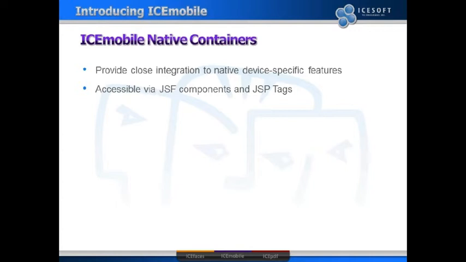So there's integration between your JSF and JSP components and tags and the native container. It's like we've provided a hyper browser, a browser with extra features and native access integrated with the actual device and the actual specific device platform.